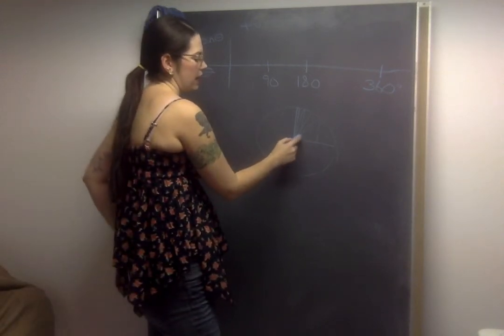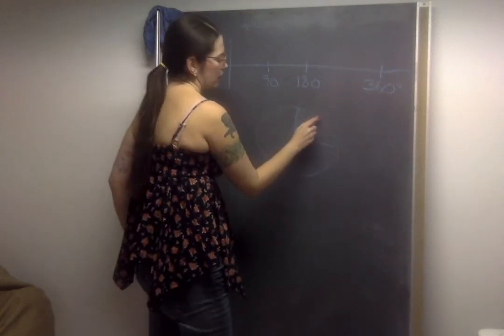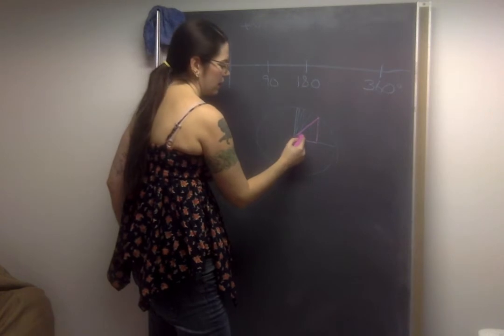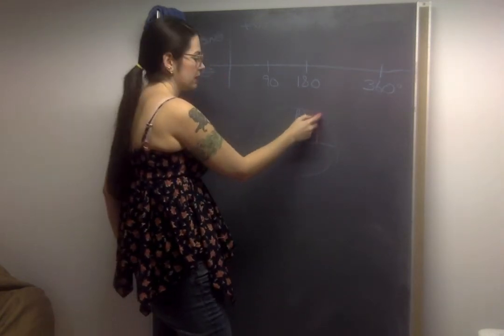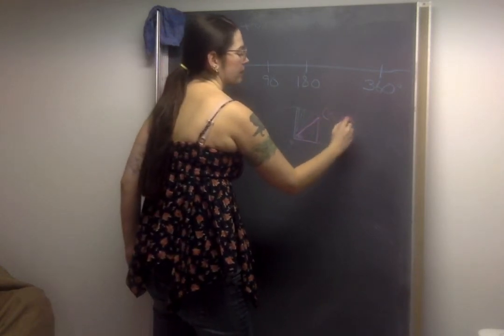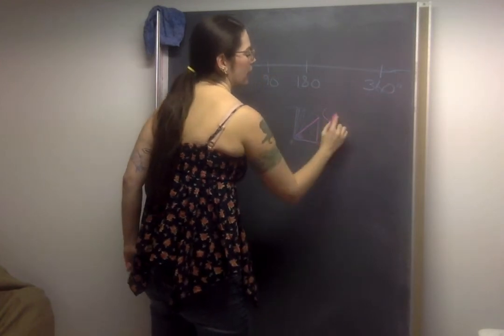I'm looking at this angle. So here's a triangle. I'm drawing sine, so I'm talking about the height. Oh, no, that's backwards.